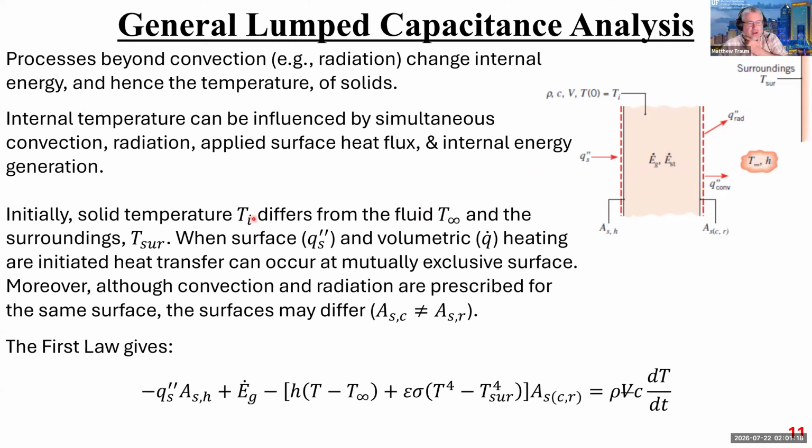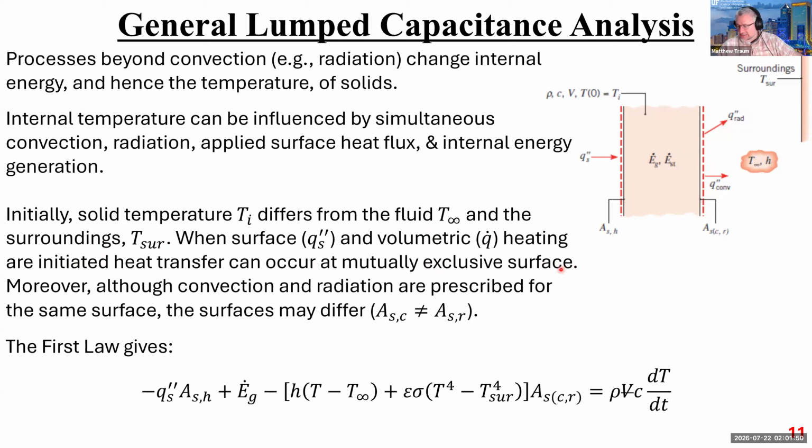Okay, so when surface heating, Q S, so that's at the surface, and volumetric heating, so that's any heat that gets generated, for example, by running current through this or having it undergo radioactive decay, any sort of generation term, are initiated, heat transfer can occur at mutually exclusive surfaces.